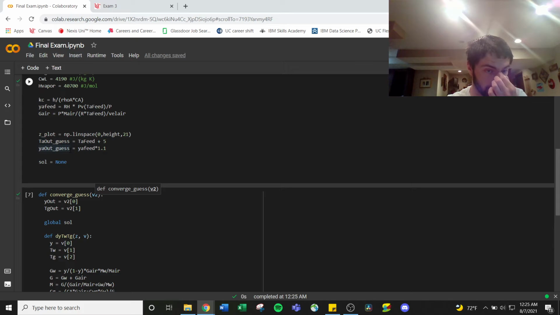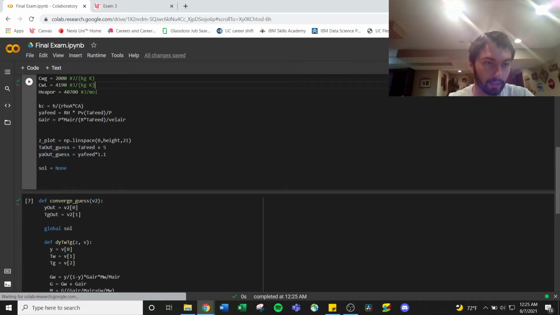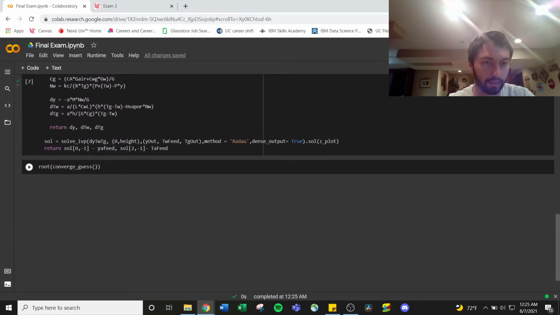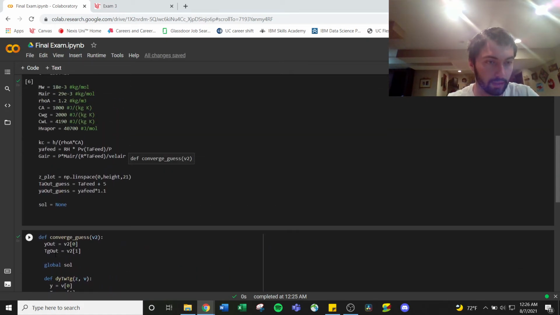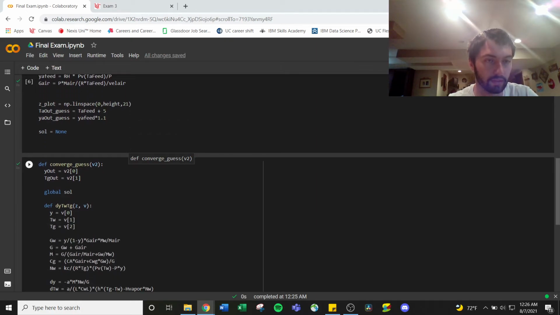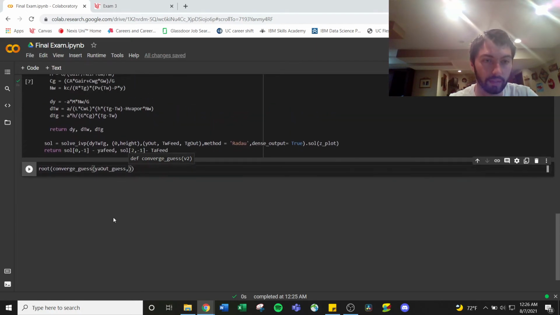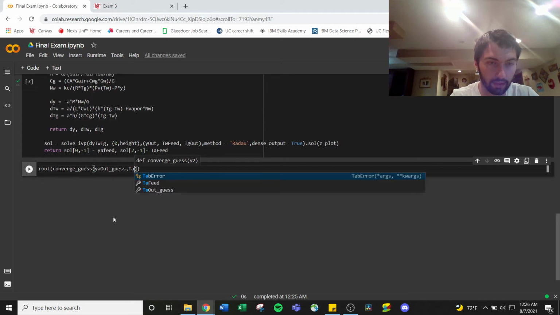The first element I made the mole fraction, so YA outguess. The second one I made the temperature, so TA outguess.